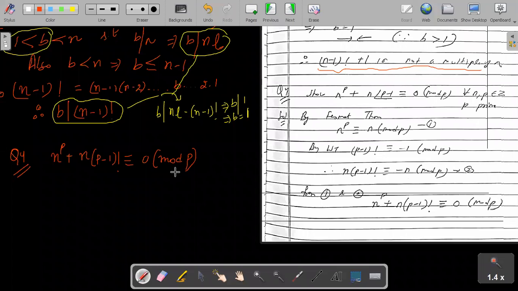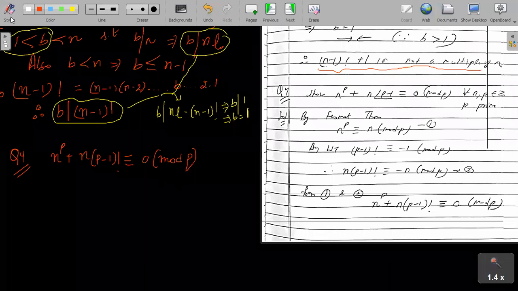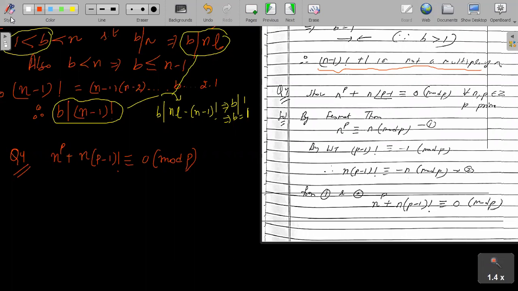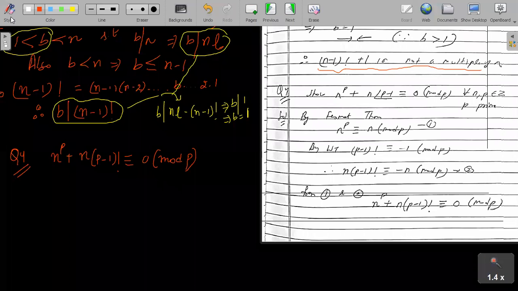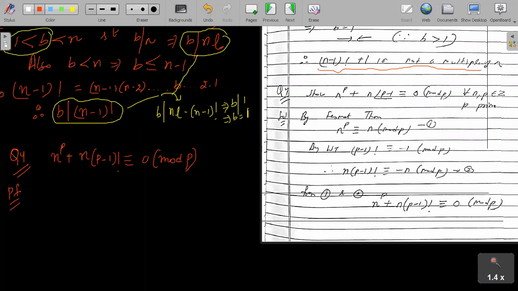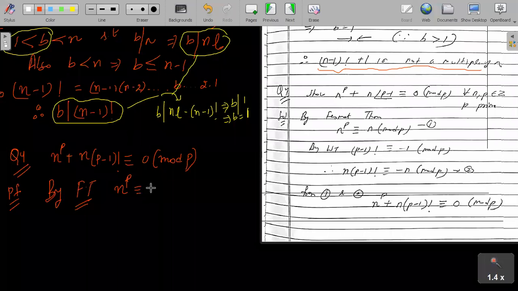Now look, I see two things in this. I see the power of n, and I also see a factorial. So from here I get a clue that I have to use both the theorems. Fermat's theorem also. So by Fermat's theorem, what happens, beta? n raised to power p is what I need. So any number raised to power p is congruent to n mod p.